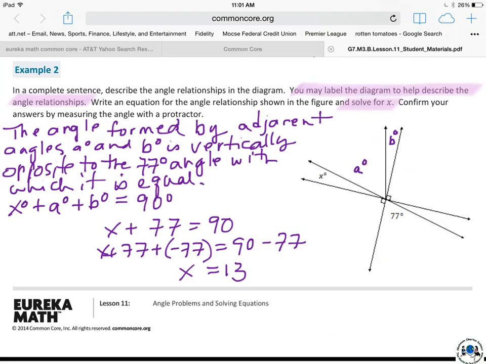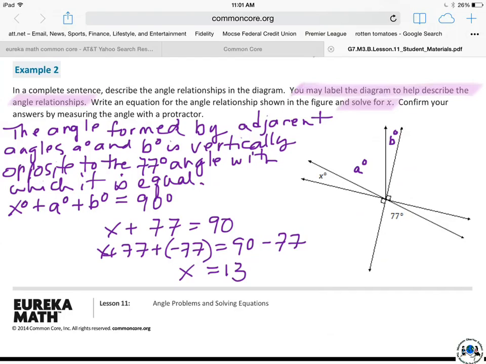Okay, there's a few things I saw in this one as well. When they say you may label the diagram to help describe the angle relationships, you'd only need that if you were writing a sentence like I did here. And hopefully you are practicing this, at least verbally describing what you are doing when you are doing it.